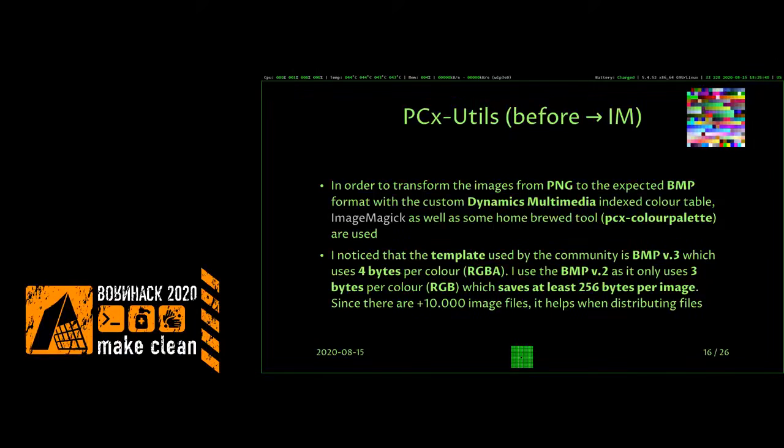I might be able to save 256 bytes, because it's just an index of the colors, and then a pointer to each index. So I was able to reduce 256 bytes per picture, and you might say that's not a lot, but when you make 10,000 images, that's quite a lot of bytes saved.